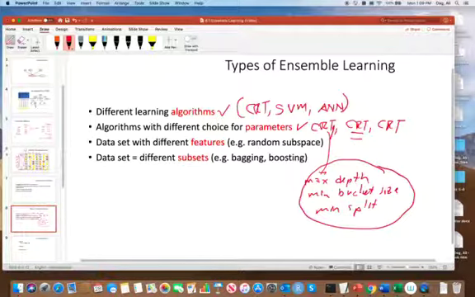Now I want my maximum depth to be 5 instead of 3. Minimum bucket size, I want to make 25 instead of 10, and minimum split, I want to make 30 now. Things like that. So I am actually creating 3 different CRTs. The way that they work is the same, but in the details, since the parameters are different, the outcome that we will be getting will be different.